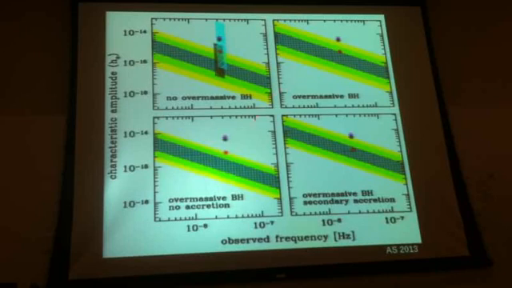Actually, this limit here is not a limit put at this frequency. It's a limit that is put at much lower frequency. Okay, and then you translate that limit. So your sensitivity is something like what I'm drawing here with the dot, okay? And then you translate this limit here to the corresponding limit at 1 over 1 year, assuming a dependence to the minus 2/3 power. Okay, so there is that caveat in there.